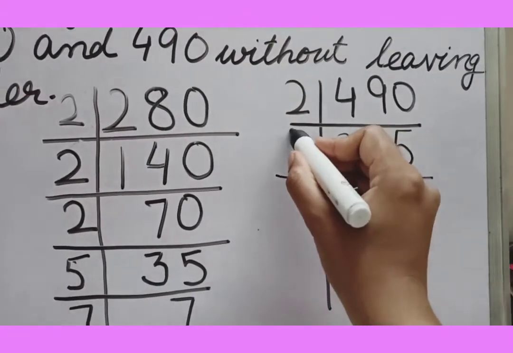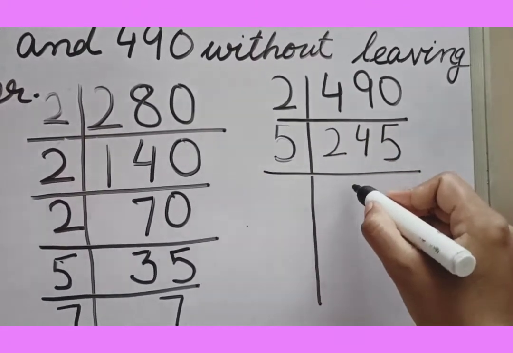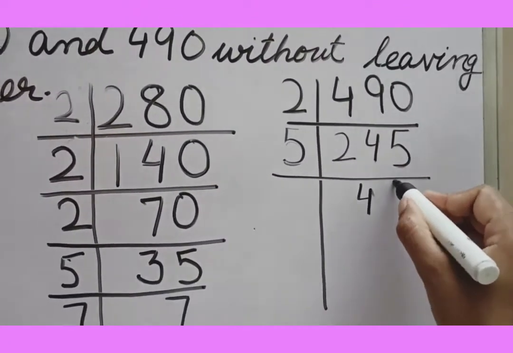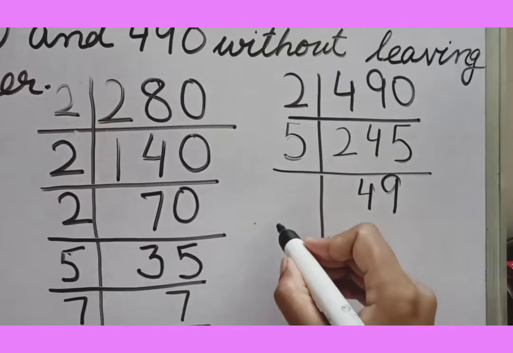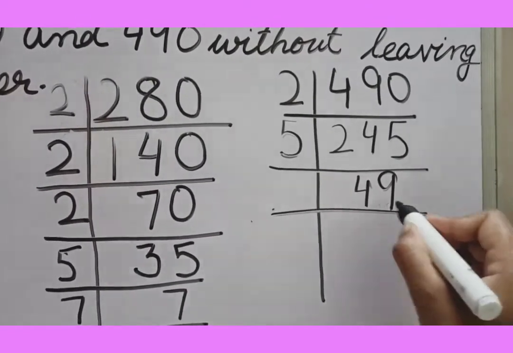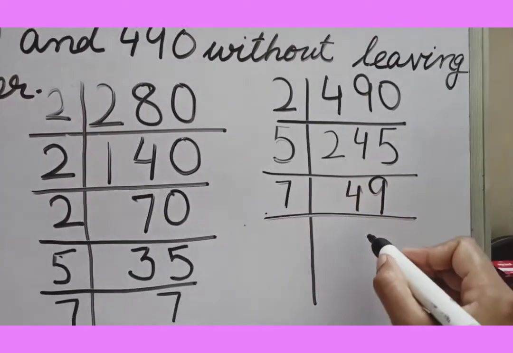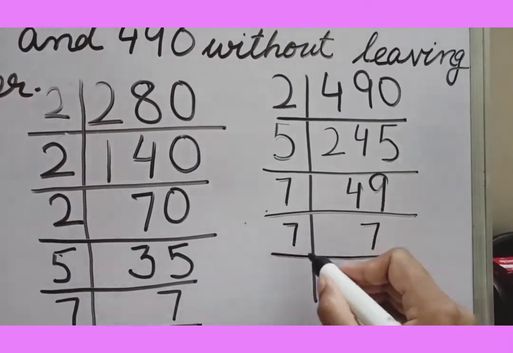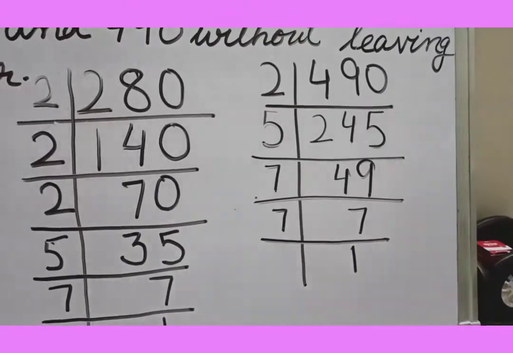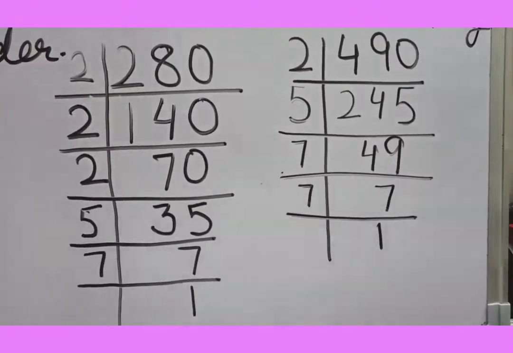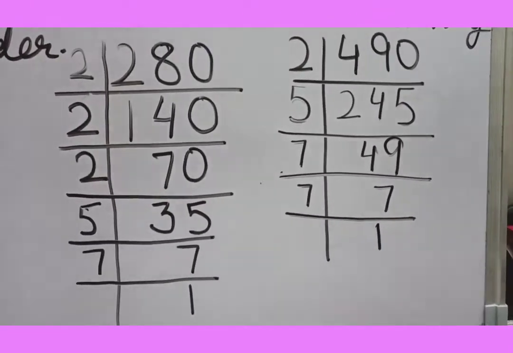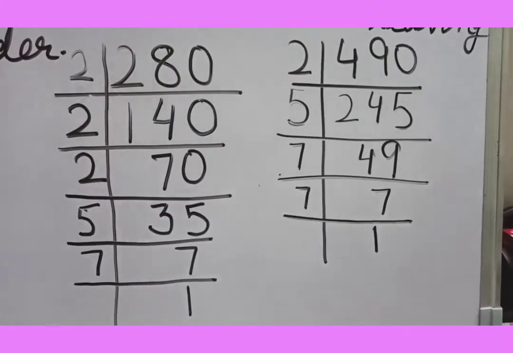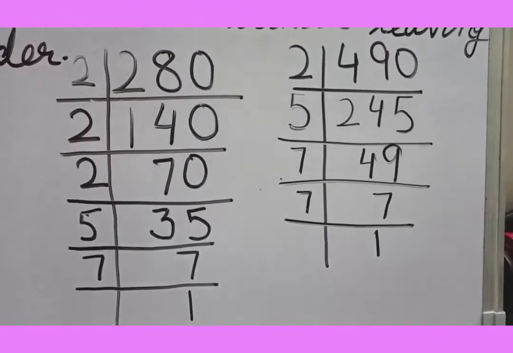So we will move to number 5. 5 4s are 20 and 5 9s are 45. So next it will be divisible by 7. 7 here, and the last step is 7 into 7 is 7. So this is the first thing, that we find the factors of both the numbers.